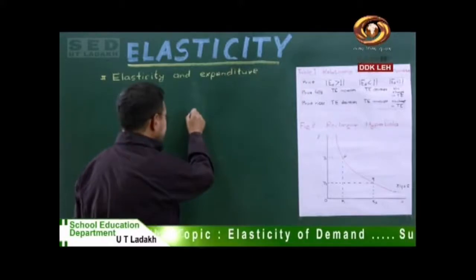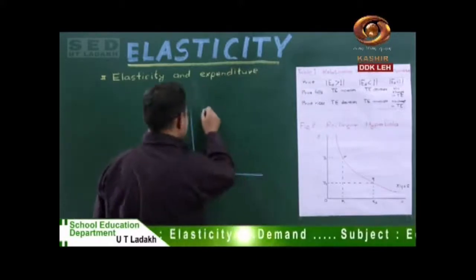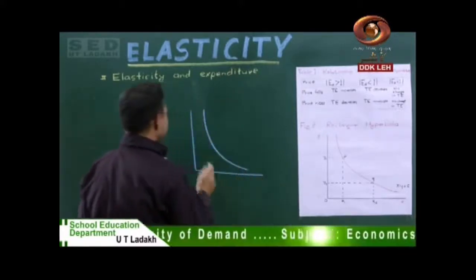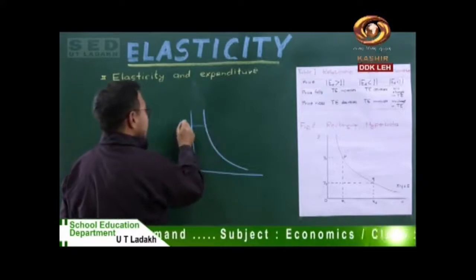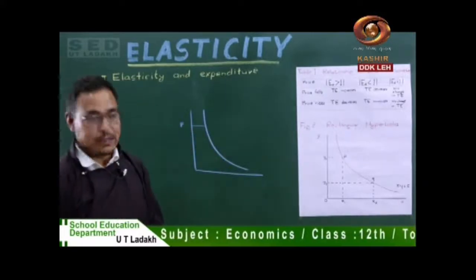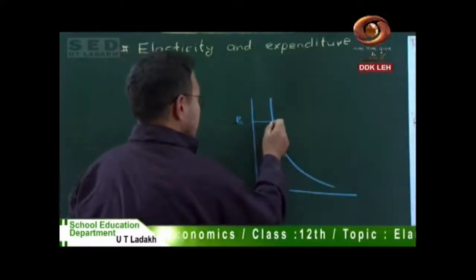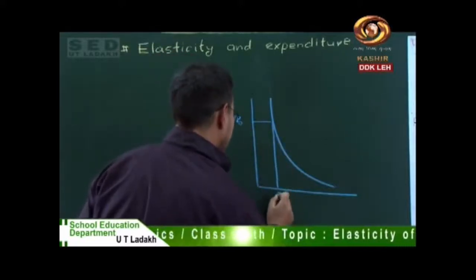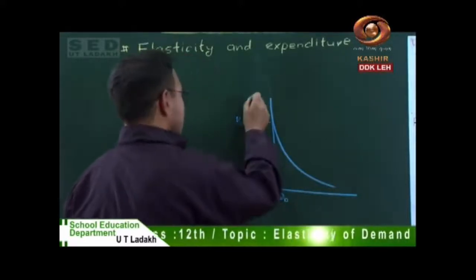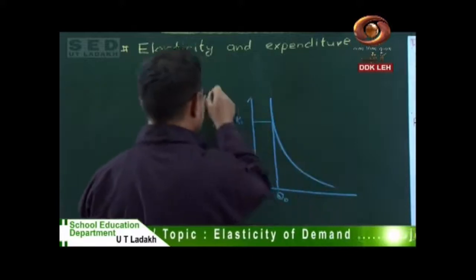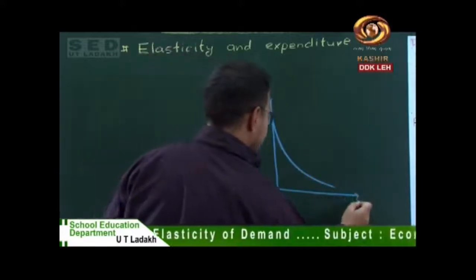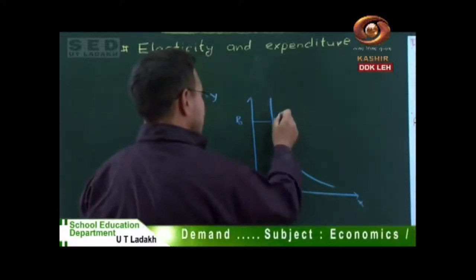So along a rectangular hyperbola, you always have a constant value of expenditure. Say initially P naught and you have Q naught. Say this is 0, this is your y-axis, and this is your x-axis.